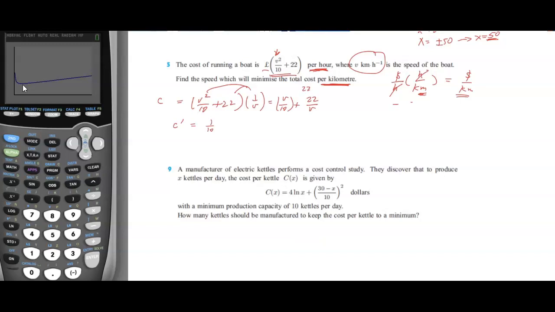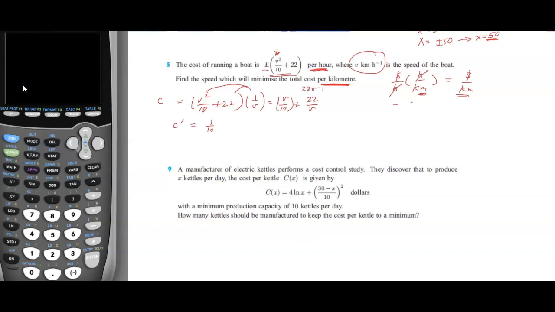And the next one is, we could rewrite it as 22v to the negative 1, and when we take the derivative of that, it would be negative 1 times 22v to the negative 2, which is equal to 1/10 minus 22 over v squared. So this is the derivative function, and we set that equal to 0 to find where the minimum point would be, and then we start solving it with just some algebra.